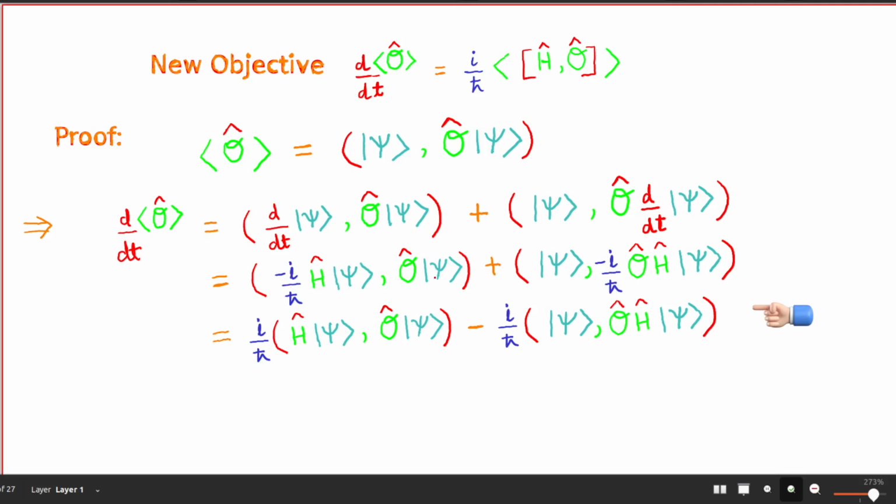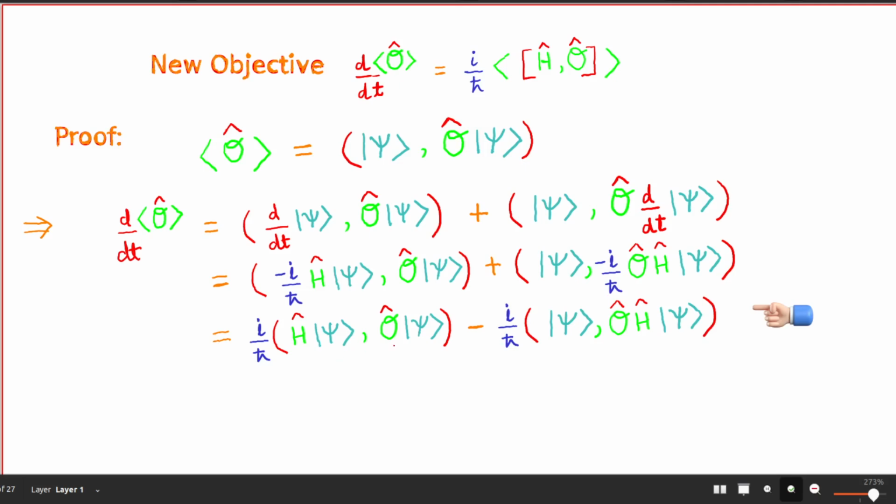So in the first term, when we take this constant i by h bar out of the inner product, it acquires a negative sign because of complex conjugation. So we get i by h bar with its sign changed, while in the second place the constant factor remains the same, it's not complex conjugated. So the sign of the constant factor in the second term remains the same.